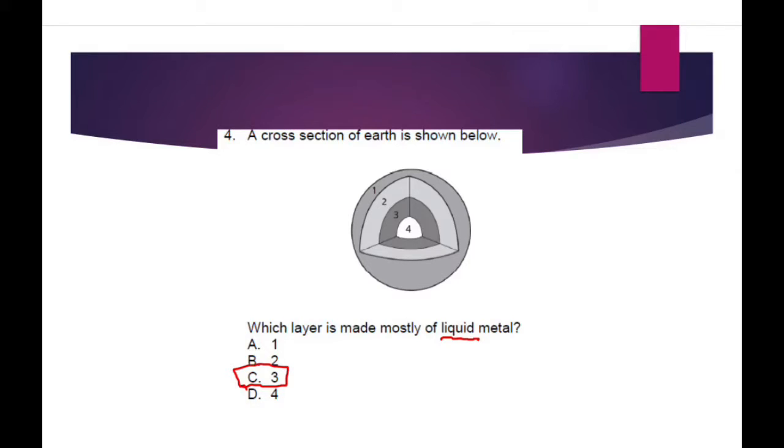The reason for this is because the outer core, which is this section right here, is liquid, and it's liquid metal. The inner core, number 4, is solid, so it can't be 4. It can't be 1 and 2 because those are both solid. So the only layer that's liquid is this number 3 right here.